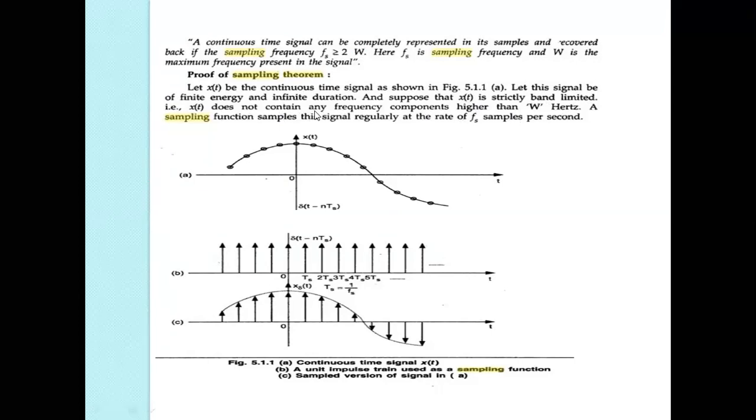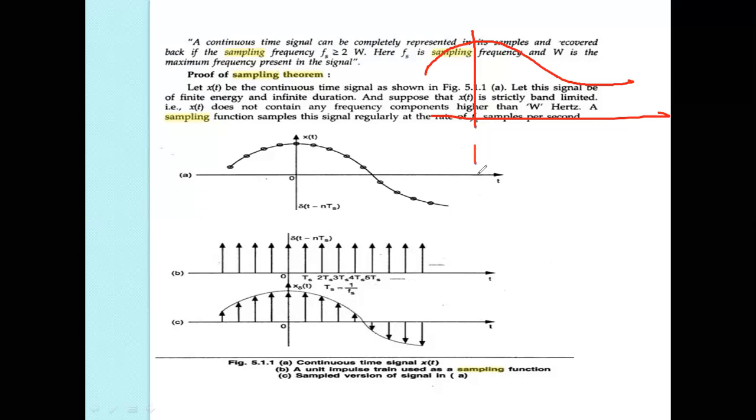A sampling function samples the signal regularly at a rate of Fs, the sampling frequency, per second. So first of all, I am assuming a continuous time signal x of t like this, a signal which is band limited to Fm hertz. Then this signal is given to the sampler, and that sampler samples the analog signal and converts it into a discrete time signal.